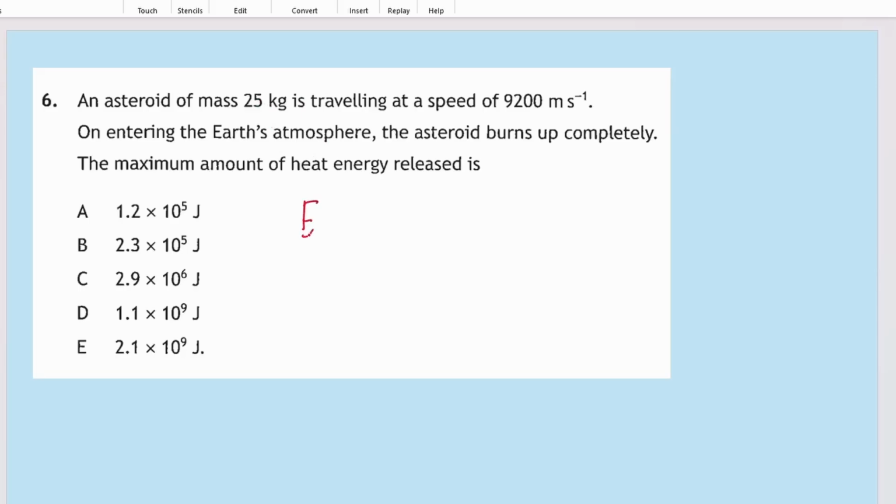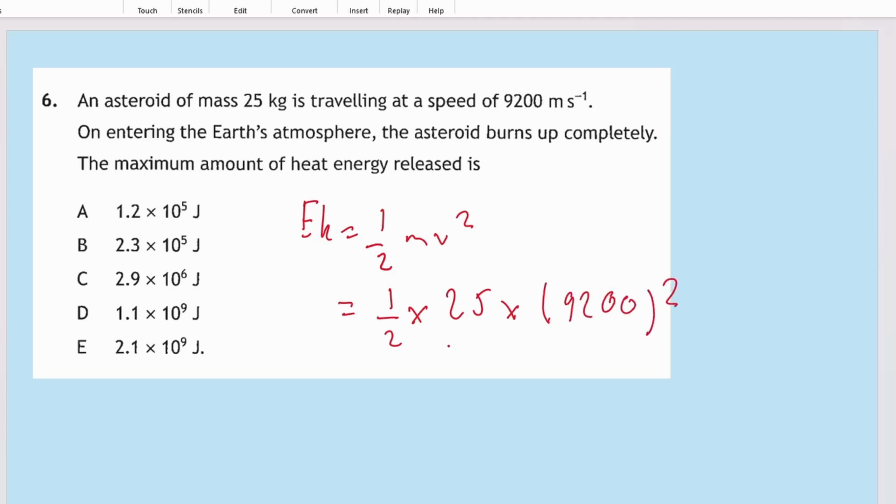So let's do Ek equals a half mv squared, which is equal to a half times the mass, which is 25 kg, times 9,200. Remember to square it. So Ek is equal to, I think, 1.06 times 10 to the 9 joules, and that gives me answer D. It rounds up to 1.1 times 10 to the 9 joules.